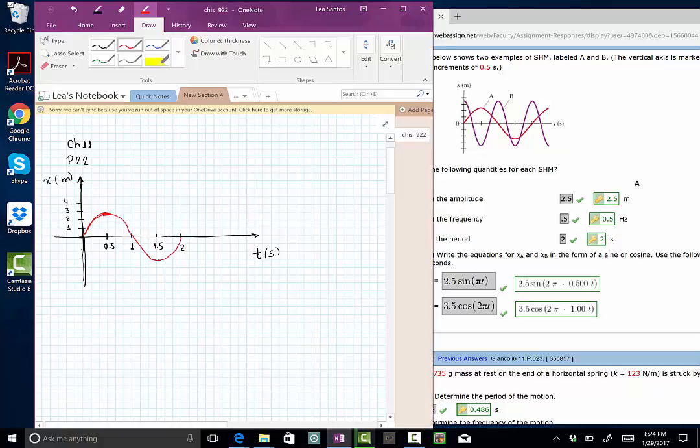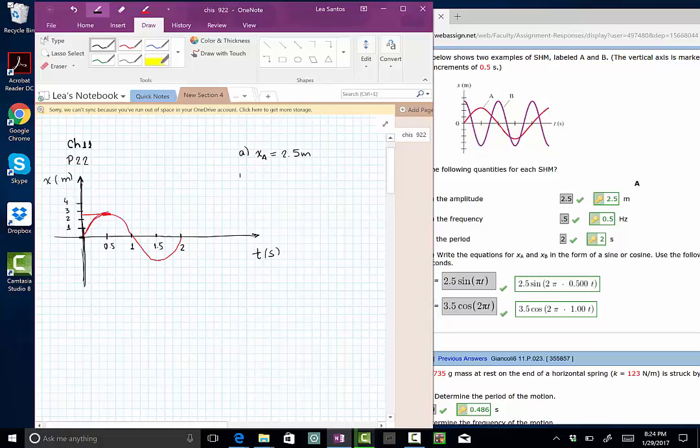Okay, and then comes the question, what is the amplitude? The amplitude is this point here, between 2 and 3. So the amplitude for this curve A is 2.5 meters approximately. Then comes the question, what is the period and the frequency?